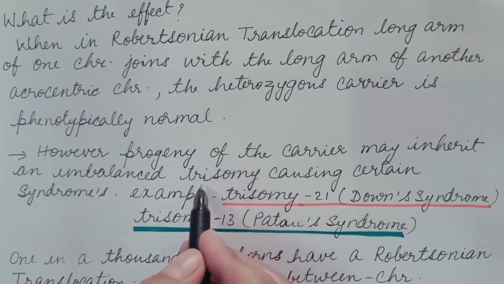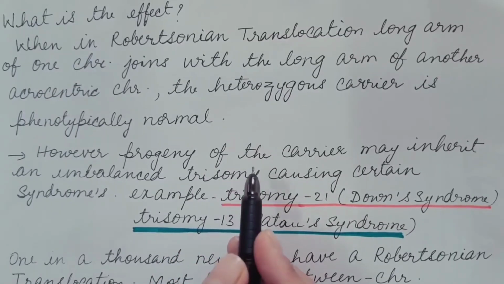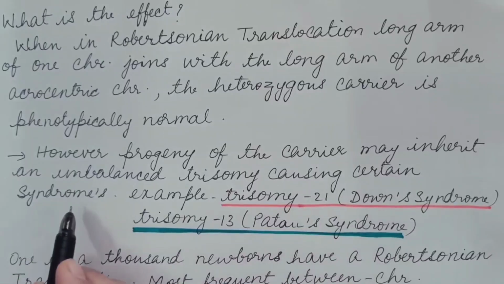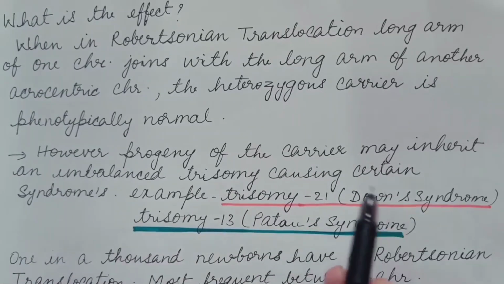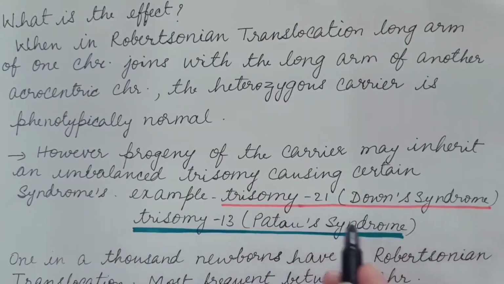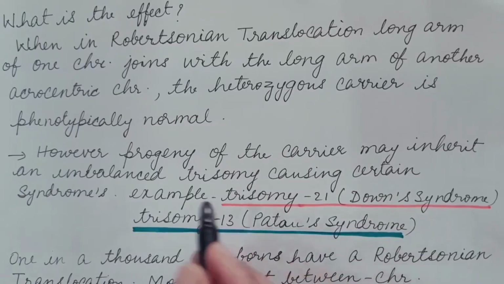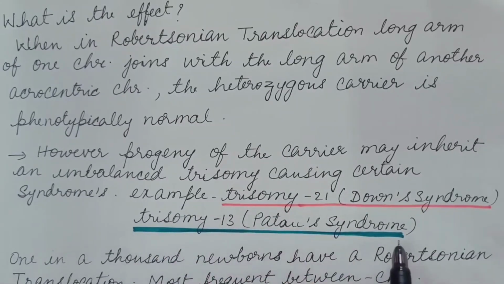Trisomy means an extra copy of a chromosome, and this causes certain syndromes. In some cases, certain syndromes are seen in the offspring. Example, trisomy 21, Down syndrome, where an extra copy of chromosome number 21 is present. Trisomy 13, Patau syndrome.